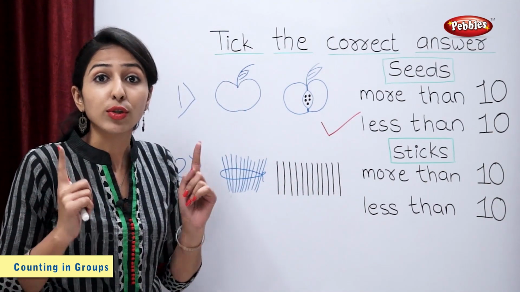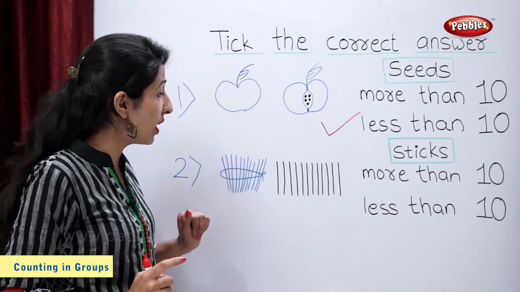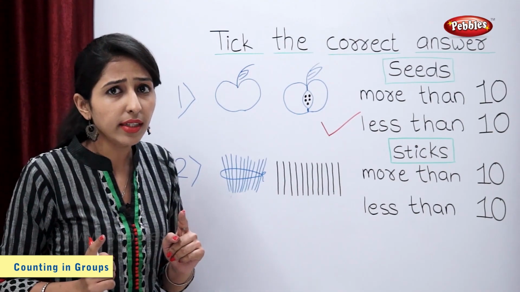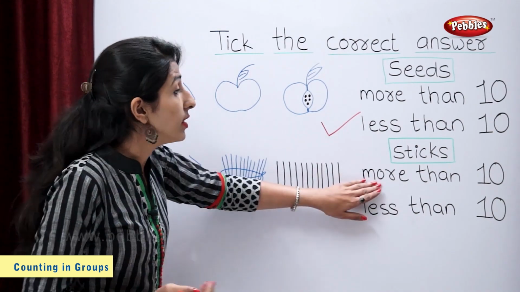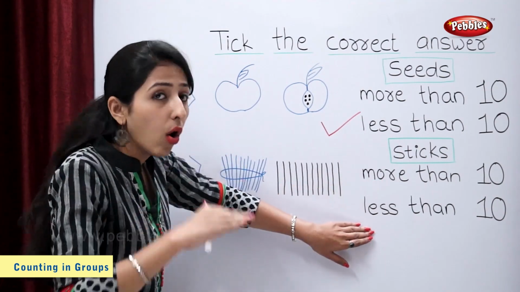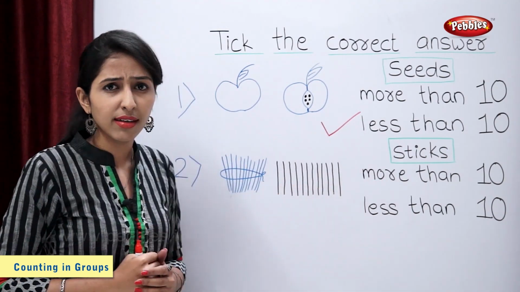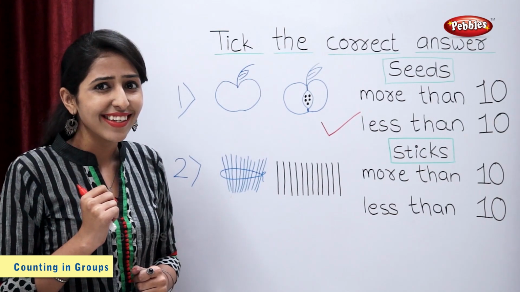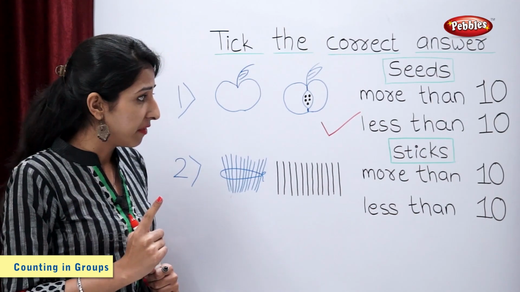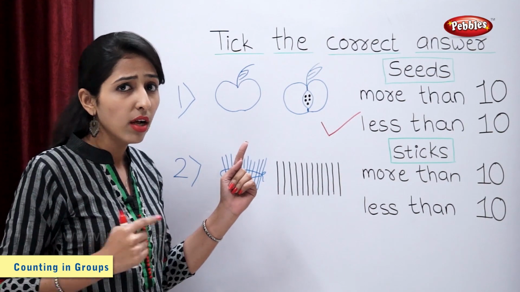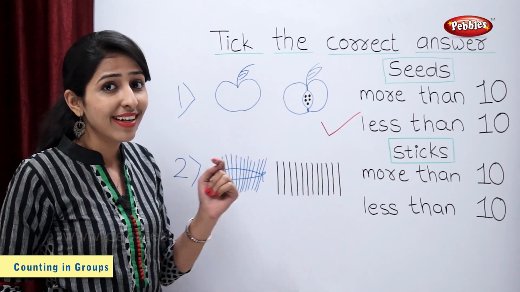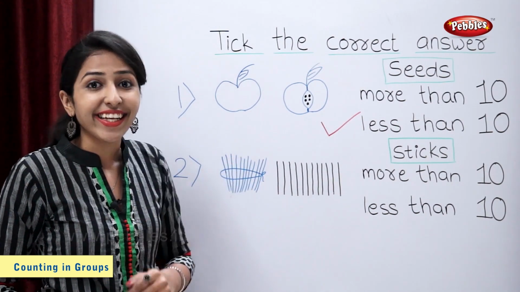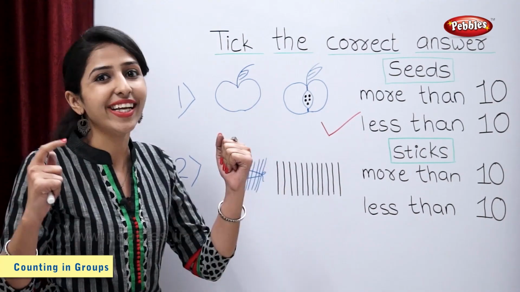So, there are total 12 sticks in this bundle. Tell me students, 12 is more than 10 or less than 10? Think and tell me. 12 more than 10 or less than 10? Correct. 12 is more than 10.